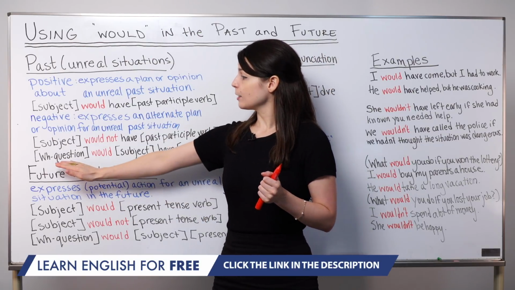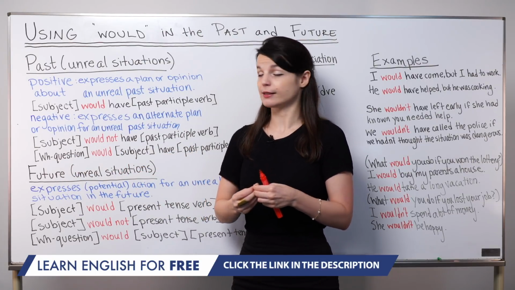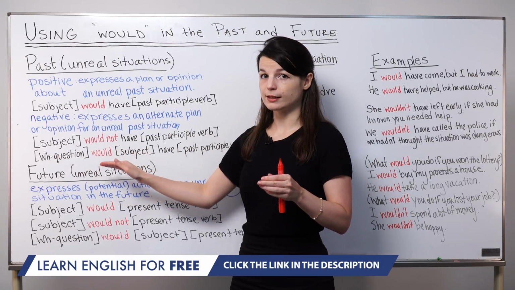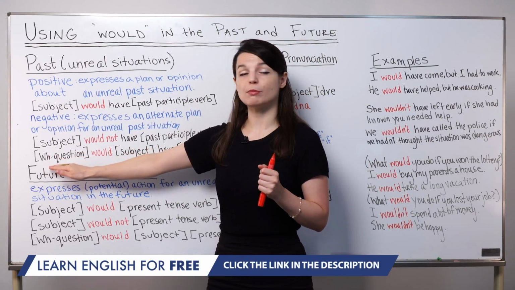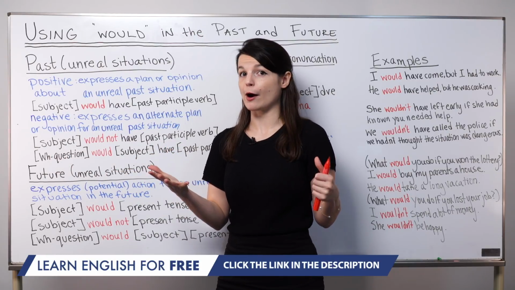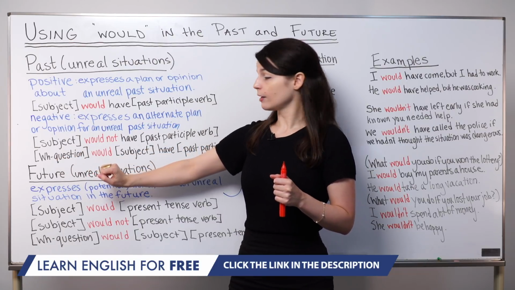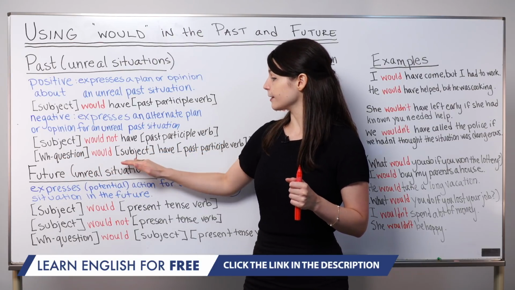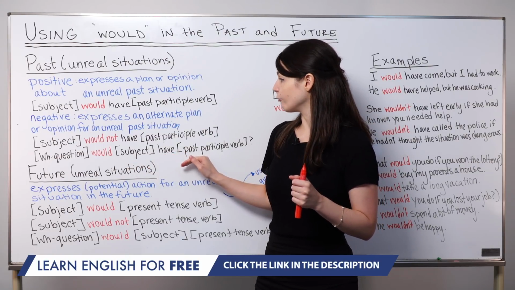Finally, a simple pattern that you can use to make information questions for past would situations is this. Our WH question begins the question. So who, what, where, when, why, how. So our WH question begins, followed by would, the subject, have, again, and the past participle verb.